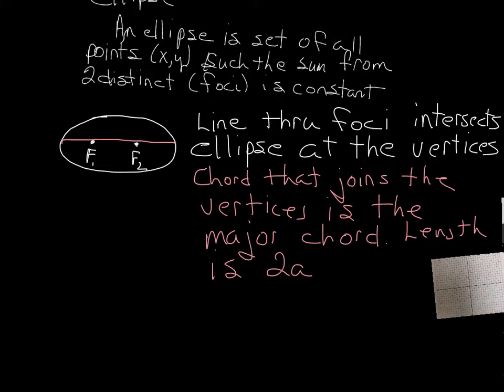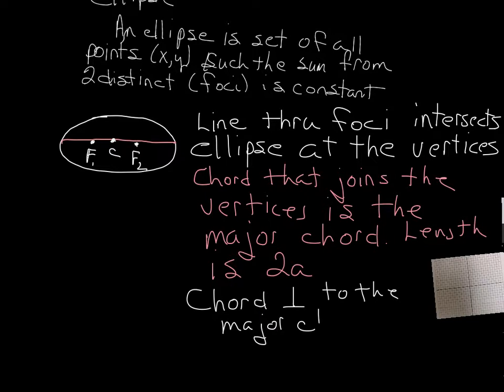Now, if the center of our ellipse is here, the chord that's perpendicular to the major chord through the center is the minor chord, and the length is 2b.